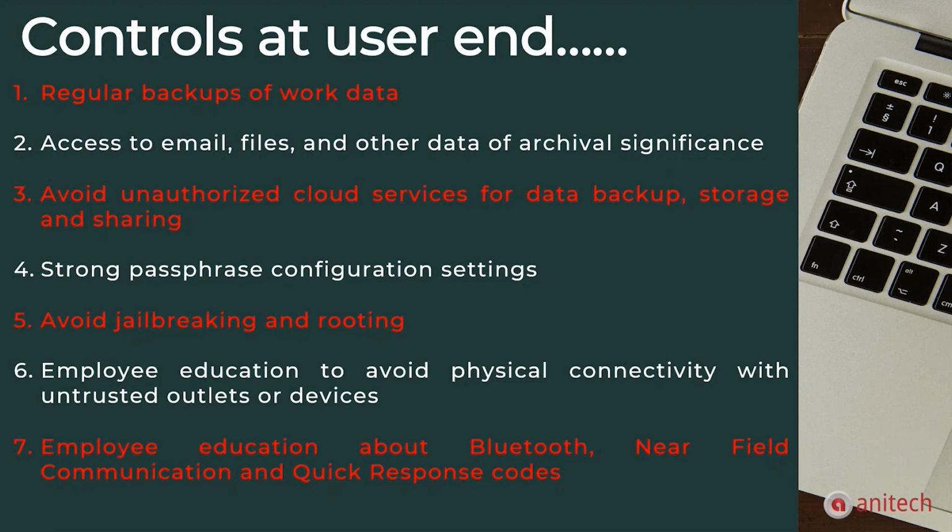Then a strong passphrase can be used and should be used. Avoid jailbreaking and rooting. Then employee education, very, very important. Avoid physical connectivity with untrusted outlets or devices. And also, employees should be aware and educated about Bluetooth, near-field communication, and quick response codes.